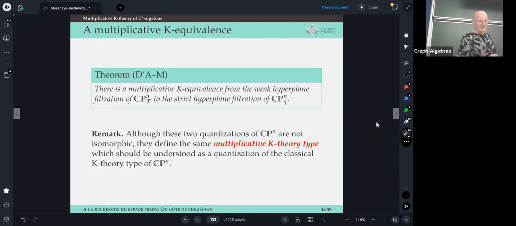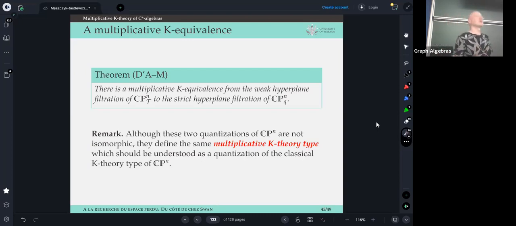And if you remember that these two filtrations are related by equivalence, then this means that although they are not isomorphic, they should be regarded as a quantization of the classical K-theory type of CP^N.